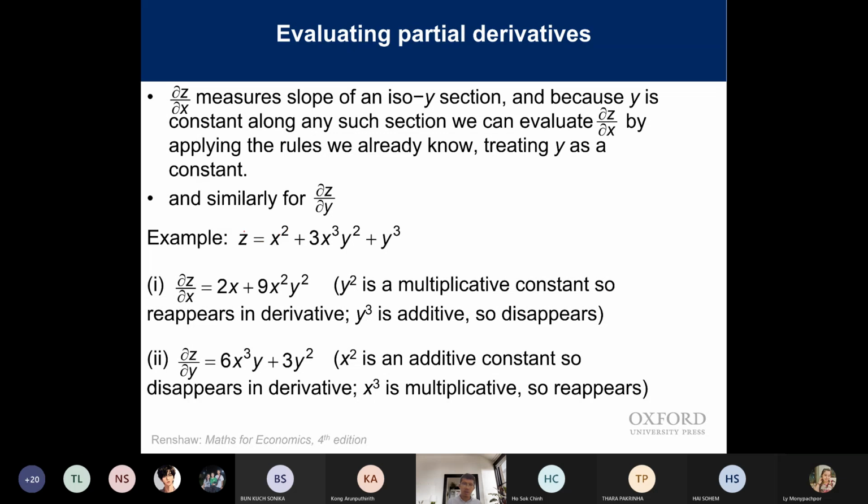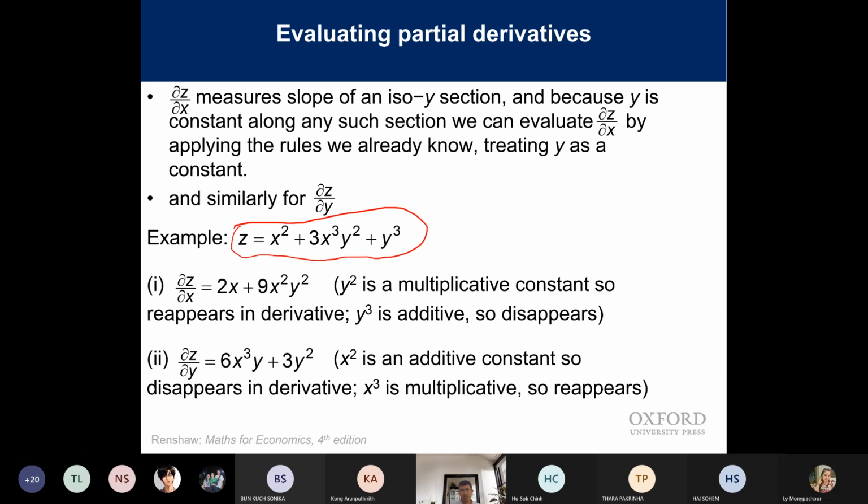For example, here is one example of a function of two variables x and y, and as you can see, the value of z depends on both x and y, right? The first question you may ask is how to compute the partial derivative of the function z. It's pretty simple.